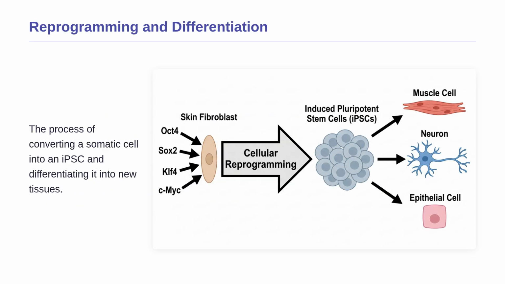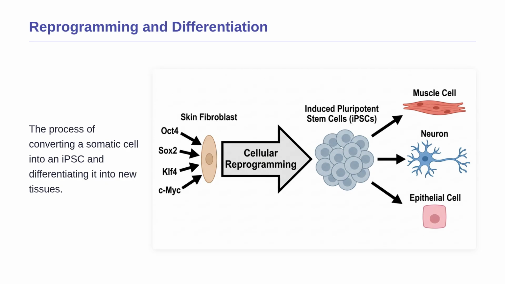Having discussed the Yamanaka factors, let us visualize this entire process. On the left side of this diagram, you see a standard somatic cell, specifically a skin fibroblast. Notice the 4 arrows pointing into it, representing the introduction of the Yamanaka factors: OCT4, SOX2, KLF4, and c-MYC. The large arrow, labeled cellular reprogramming, shows the transformation of this specialized cell into the cluster of round, unspecialized cells in the center.